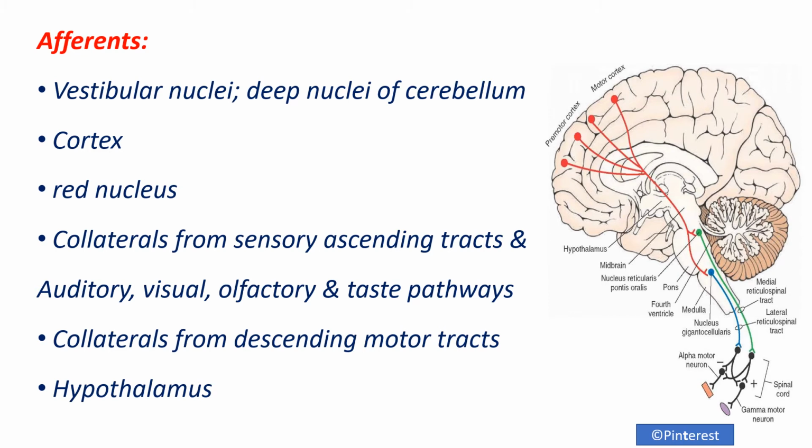And fibers coming up to the thalamus or the cerebral cortex, and also the auditory, visual, olfactory and taste pathways which you have already studied, give side branches to the facilitatory reticular formation and also the hypothalamus. So there is a sort of amalgam of impulses coming from the higher centers as well as the lower centers.